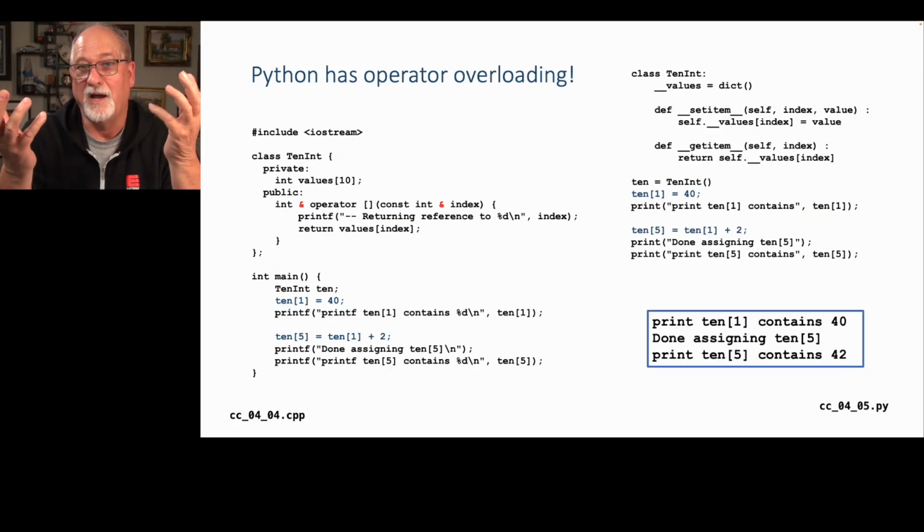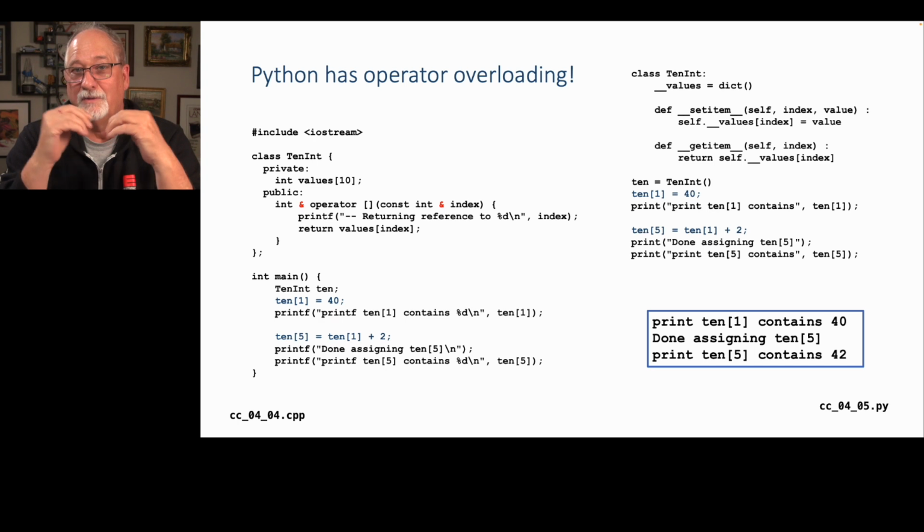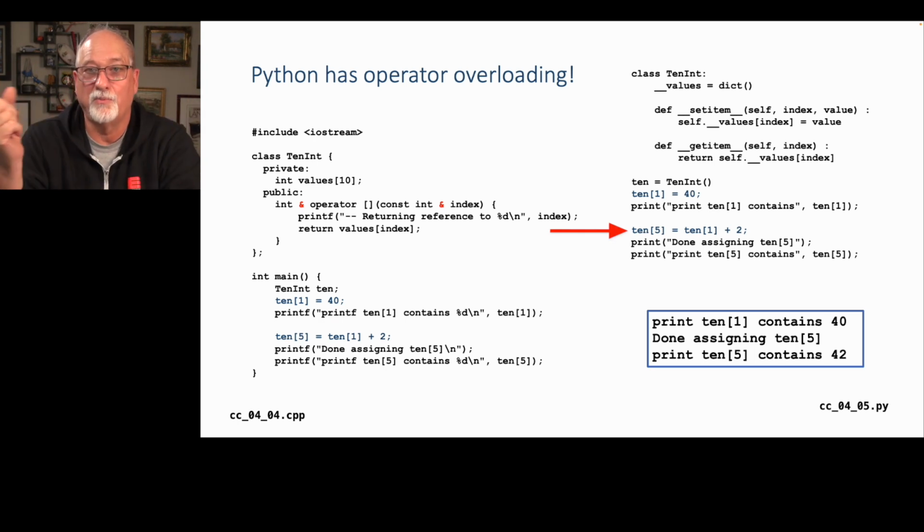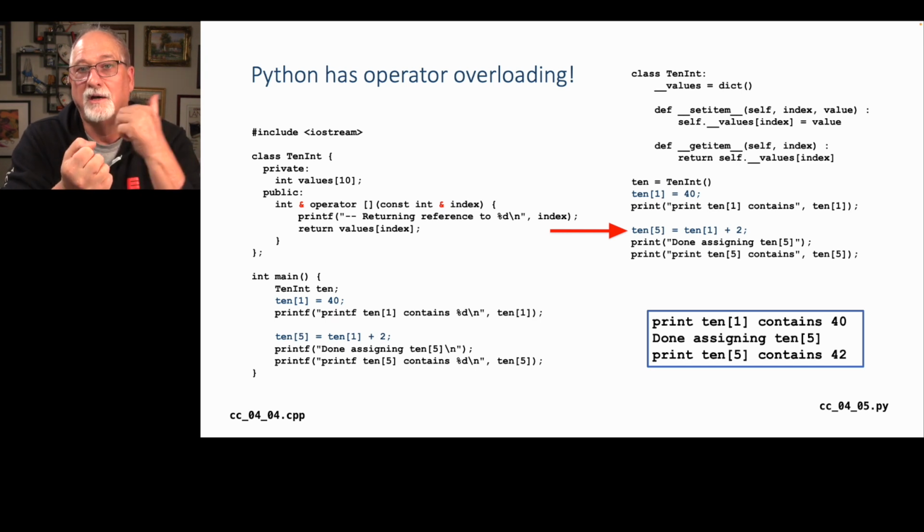So it says ten sub 1 contains 40. And at this point, it should be obvious what's going on. When I say ten sub 5 equals ten sub 1 plus 2, well, the ten sub 1 on the right-hand side turns into a getItem that gives us back the 40 value. Then the 40 and the 2 are added together to finish the right-hand side of the expression. Then we're going to assign that into ten sub 5, which then turns into a setItem of ten, comma 5, comma 42.